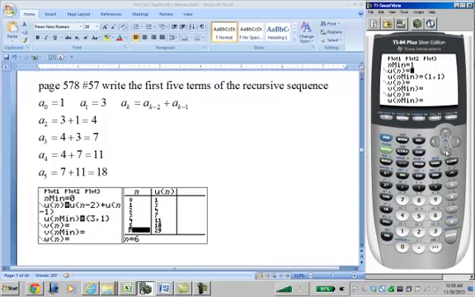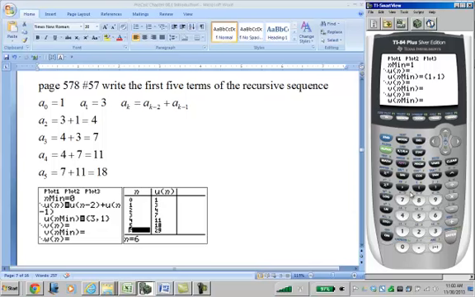So the rule is very simple, right? A sub k equals A sub k minus 2 plus A sub k minus 1. So let's actually, here, I wonder if I can undo this. I should have left that in there. Oh well. It's the same as the Fibonacci sequence, except it's 1 and 3.